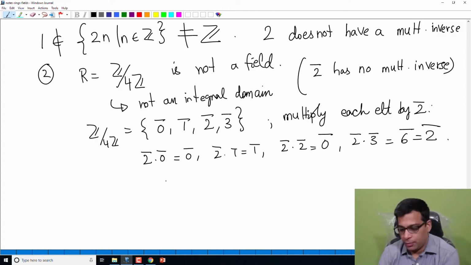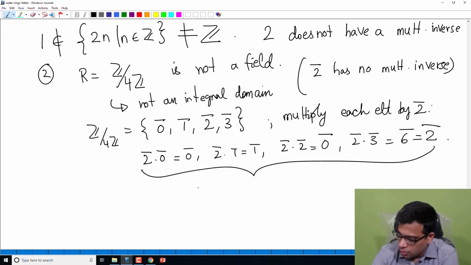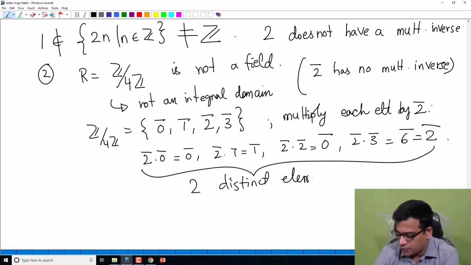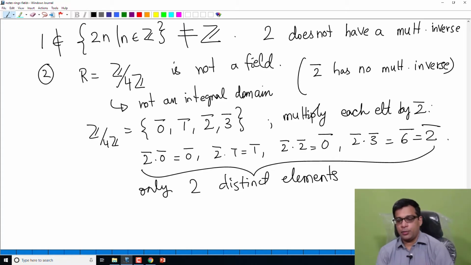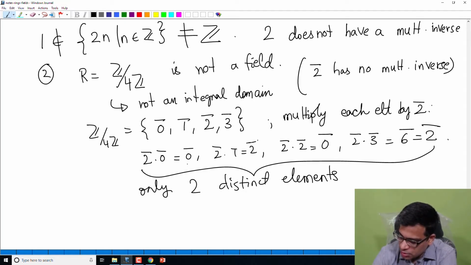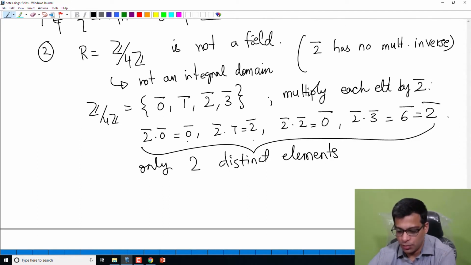Okay, so after multiplying by 2, we have only 2 distinct elements, not 4 distinct elements. Earlier in the case of finite integral domains, when you multiply by a non-zero element, you get all the ring elements. Here you don't get all the ring elements, you get only 0 bar and 2 bar. So 1 bar is not one of these products. So 2 bar has no multiplicative inverse.